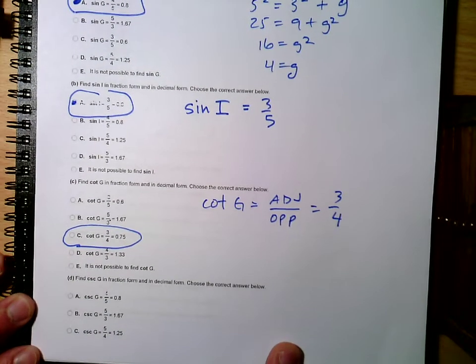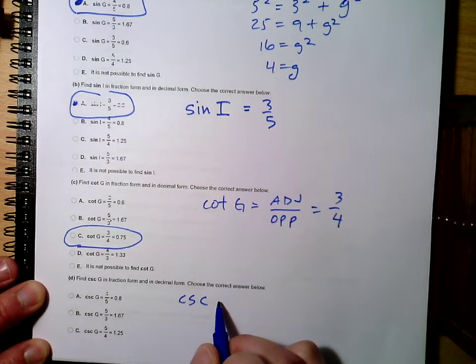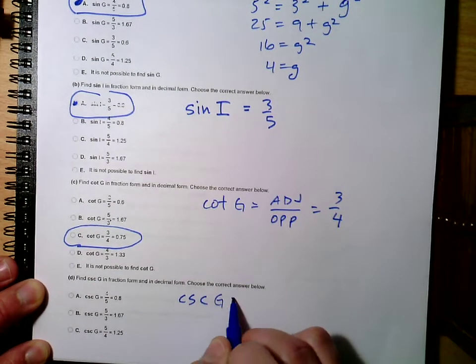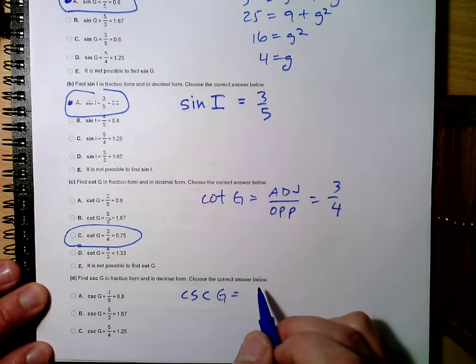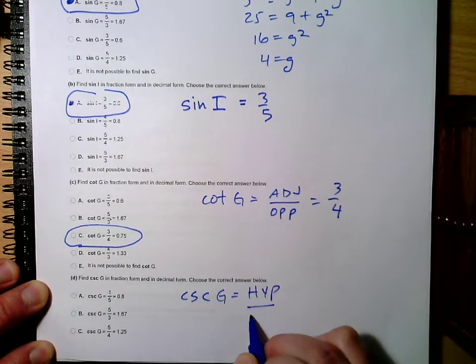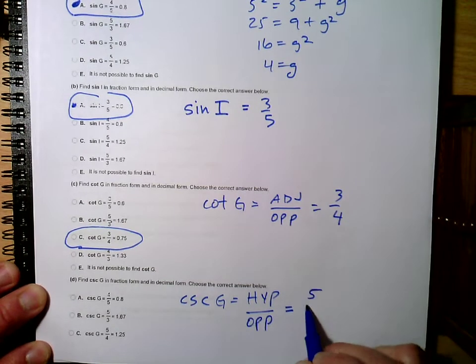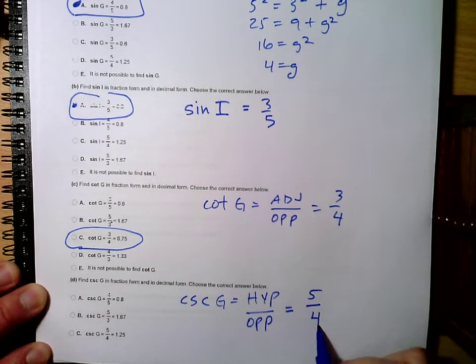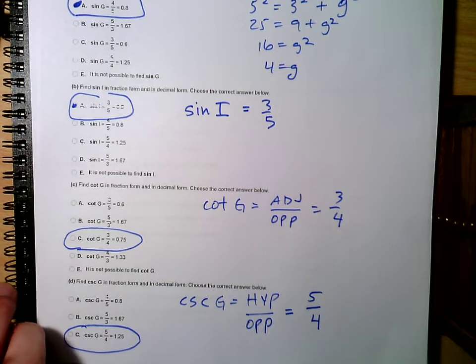And then finally, cosecant, which is the inverse of sine. Sine is opposite over hypotenuse, so cosecant would be hypotenuse over the opposite side. That's going to be 5 over 4, and here it is, 5 over 4.